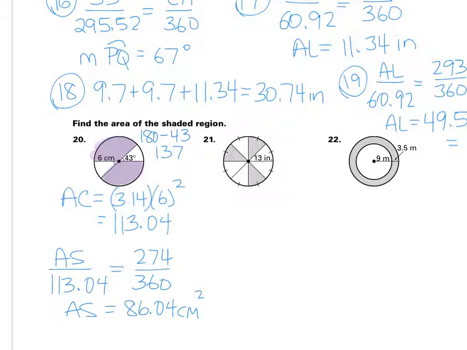Okay, the next one, you see that I have kind of like a pizza pie, and I have 3 slices that I want to find the area of. So how many slices do I have to begin with? I have 8. To find the angle, you could take 180, half of that, and you see that they're divided into 4 slices, which makes each one 45.